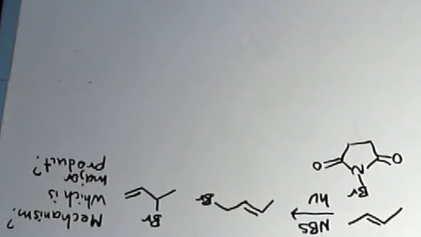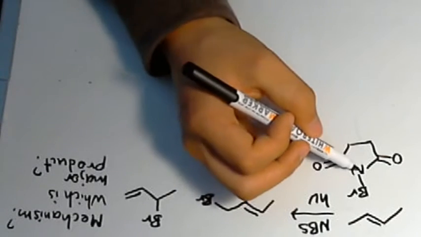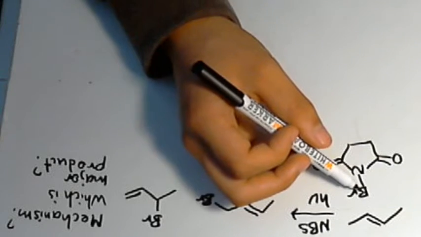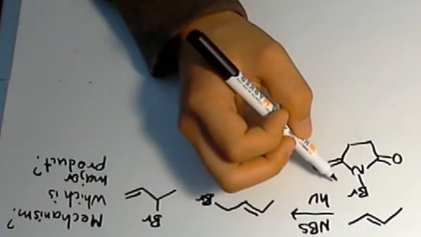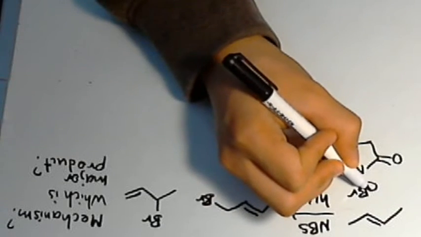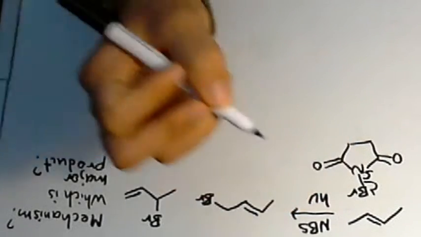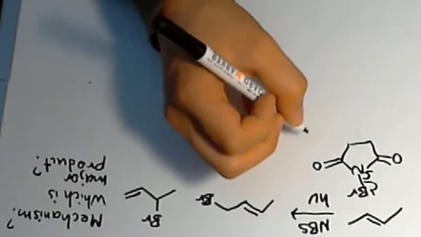The second step in the framework is to actually perform the first step, the one that's the most likely. And we said this N-Br bond is especially weak. So we put in light energy or electromagnetic radiation. It's going to break this bond, and we're going to form radicals. Okay?